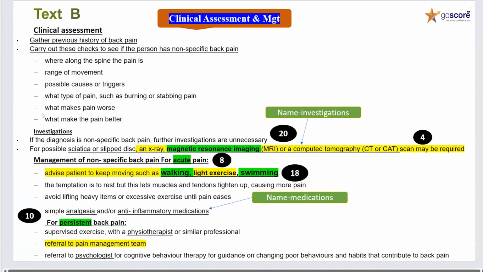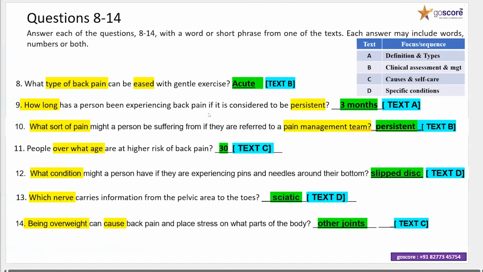Then the ninth question: how long has a person been experiencing back pain if it is considered to be persistent? How long means you have to mention a time period, so a time expression will be the answer.